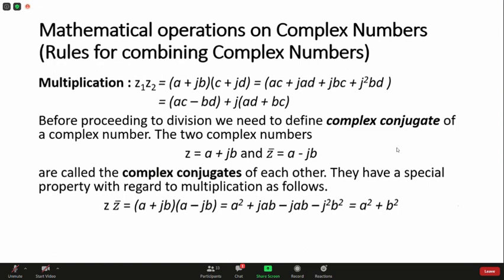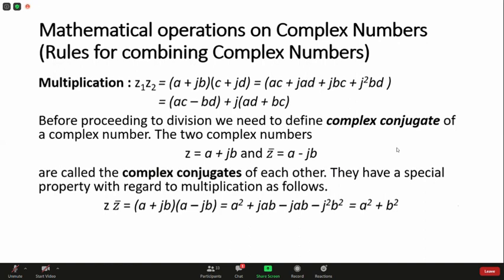See, J squared is minus 1, because J is the square root of minus 1. Therefore, minus J squared B squared is plus B squared. What is the answer finally? A squared plus B squared. That is the special property I mentioned.